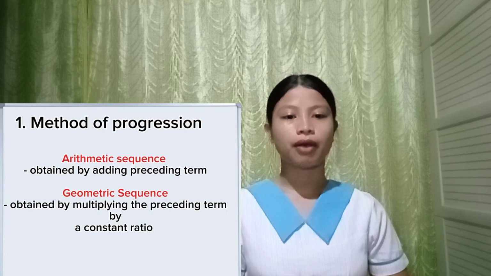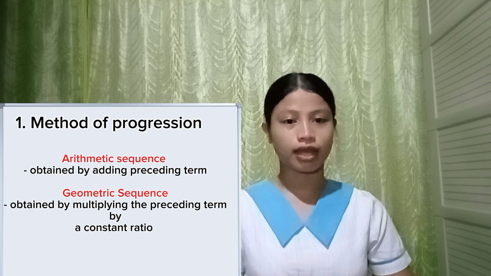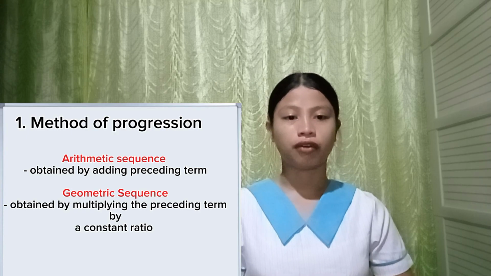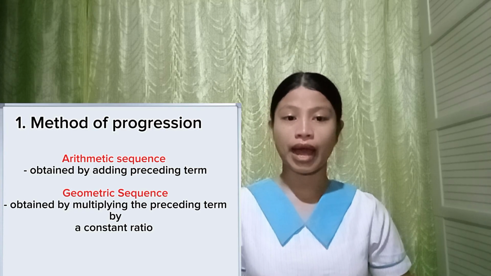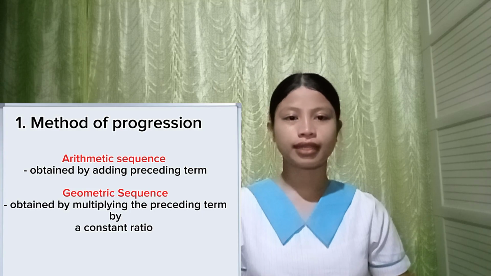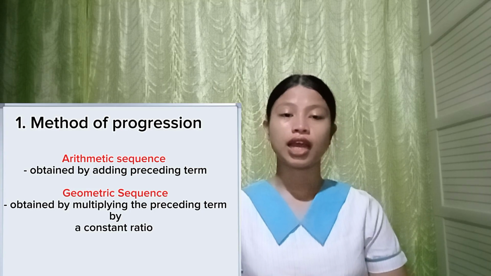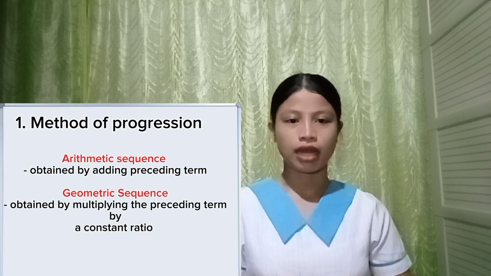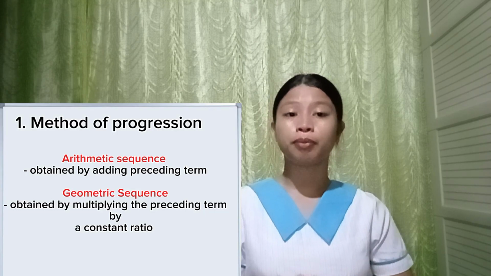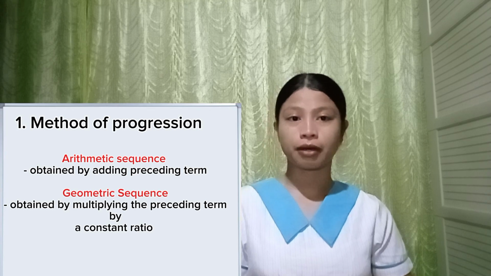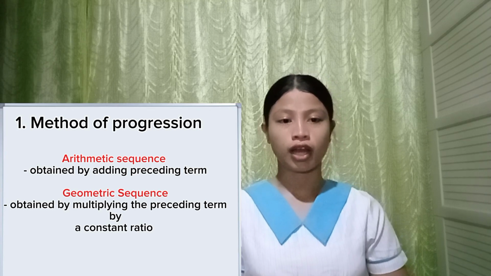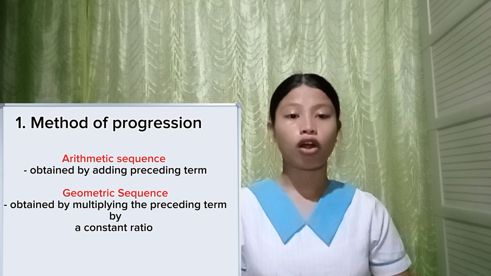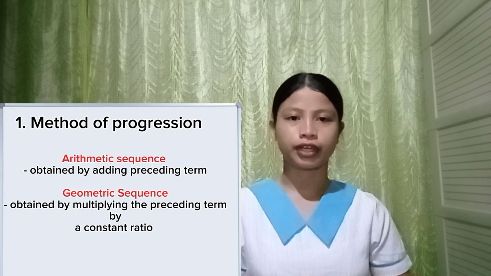Sa geometric sequence, each term is obtained by multiplying. So, since sa arithmetic is adding, sa geometric sequence naman is multiplying. It is obtained by multiplying the preceding term by a constant ratio. This results in an exponential growth or decay pattern.